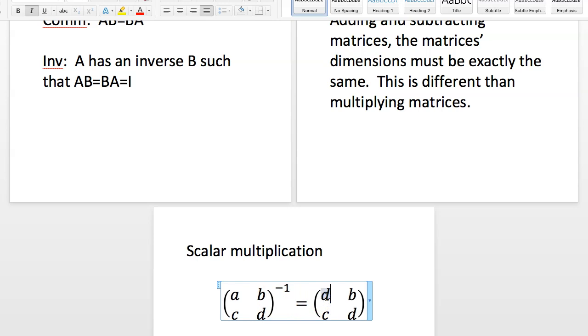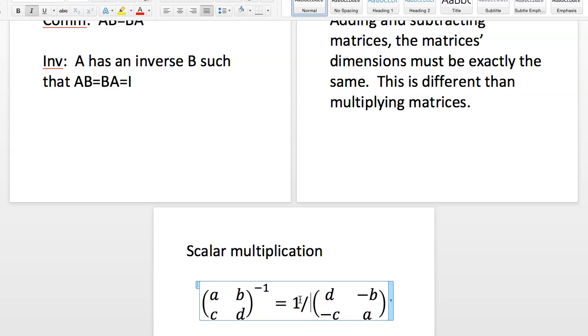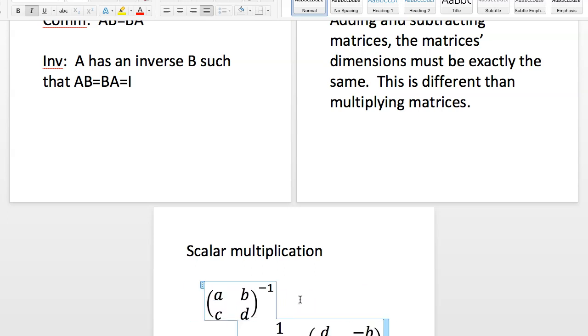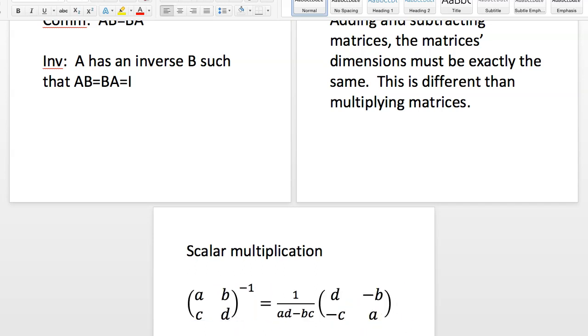Now, what did we do again? We did D, we did A, we negated these. It's trying to keep everything straight here. Now, instead of going through and doing that to each and every term, there's a convention. You can do 1 over AD minus BC on the outside.